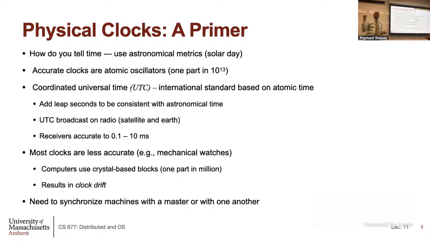So if your phone is connected to a cell tower, it's automatically synchronizing because the cell towers are broadcasting time that they've fetched from an atomic clock. And there are shortwave radios that broadcast time. So there are many ways the time that is being computed by the atomic clock in any country is broadcast out, and then you can listen to them and synchronize. Okay. So that's basically how a lot of this works now.